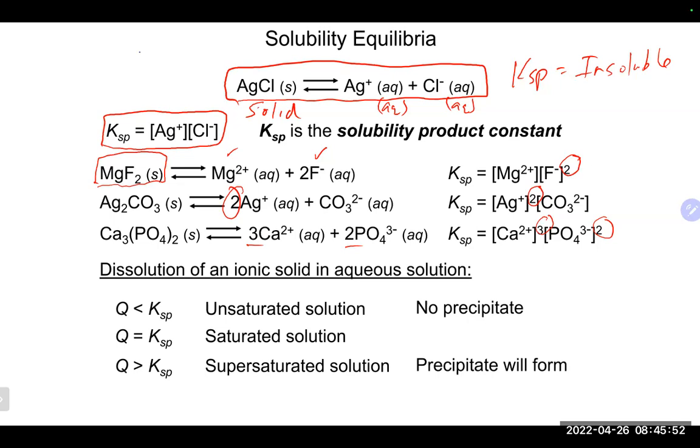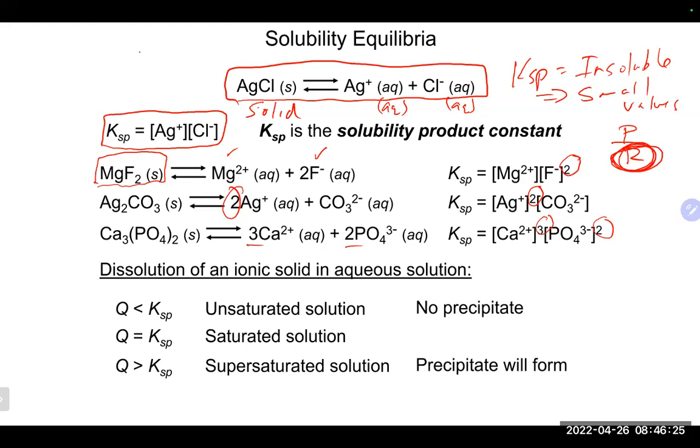Products over reactants means more reactants, smaller K. Larger K, more products. So Ksp guys, because of that, typically are very small values. Again, because basically we're taking products over reactants. If we have mainly reactants, that's going to bring our Ksp value down.